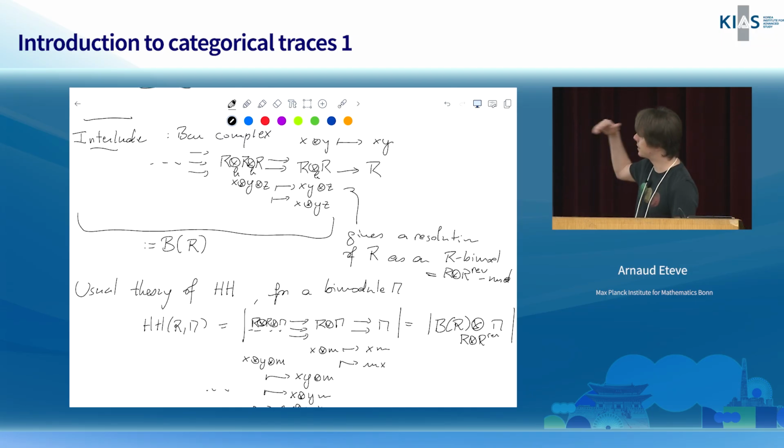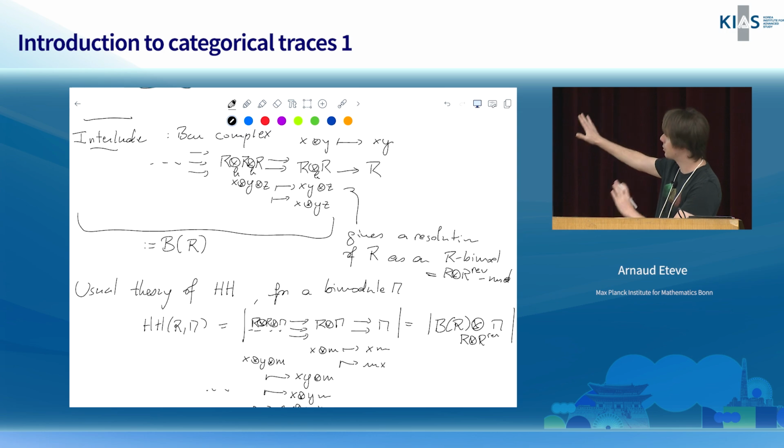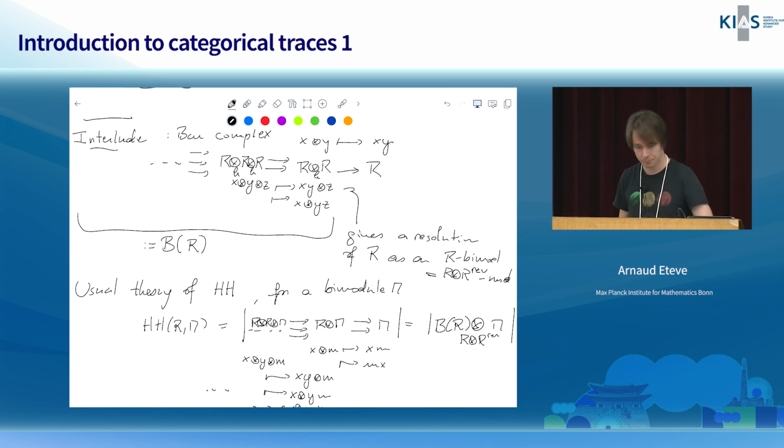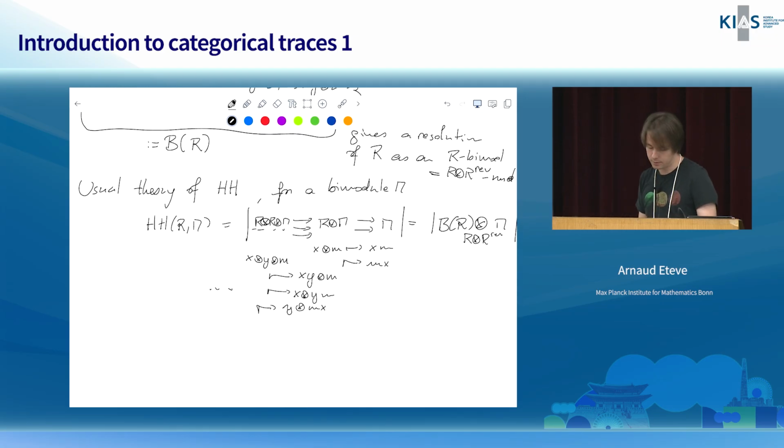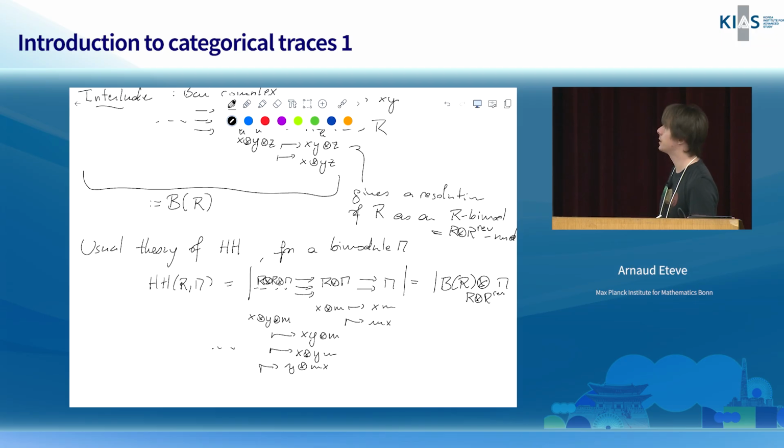But the point is that this notion of traces is just defined abstractly, and it recovers the usual theory of Hochschild homology and bar complexes and so on. They're all included in the machinery. And the point of this interlude was to give you a general way to compute these things, at least for our modules.